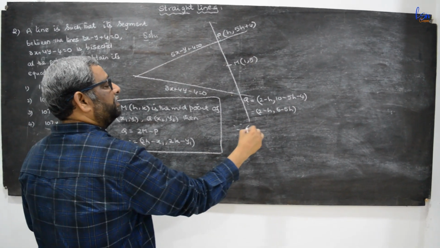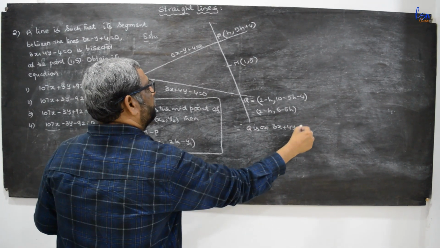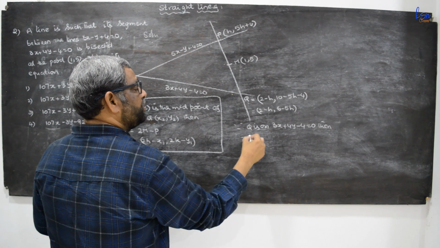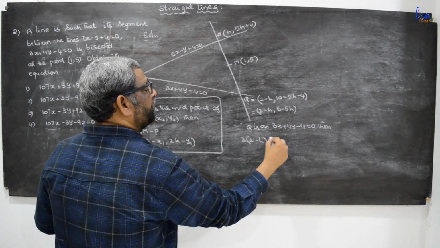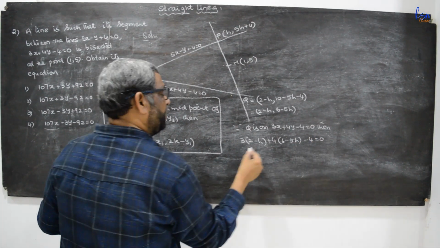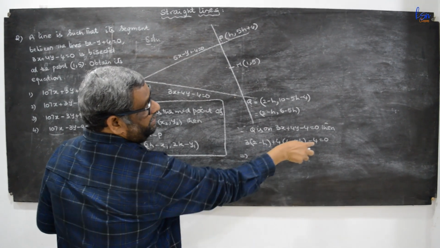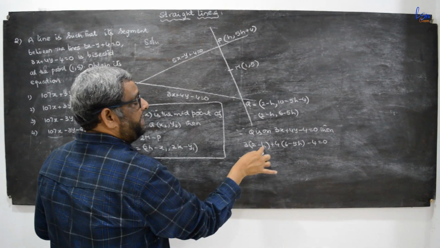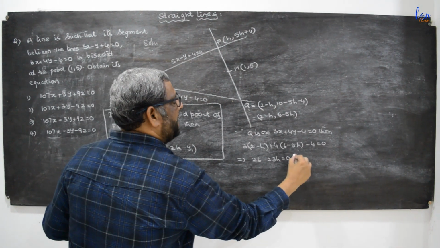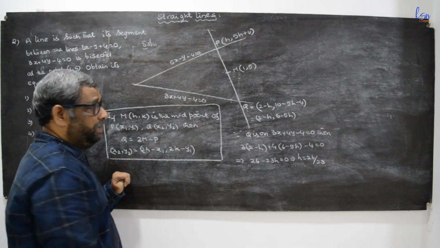Since Q is on 3x plus 4y minus 4 equal to 0, then 3 into (2 minus h) plus 4 into (6 minus 5h) minus 4 equal to 0. This is 6 plus 24, 30 minus 4, 26 minus 3h minus 20h, minus 23h is equal to 0, which implies h is equal to 26 by 23.